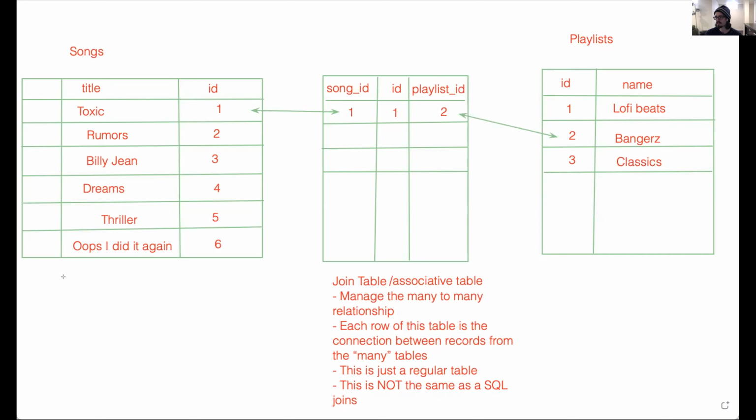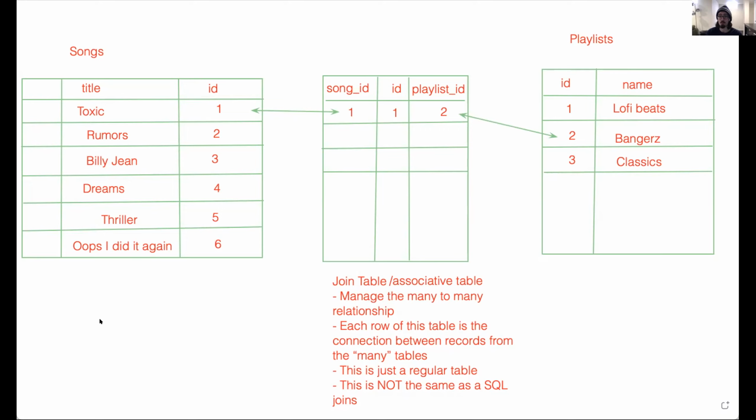And so now we can see that Toxic is related to the bangers playlist through, that's a key word, through this third table that we have right here. So following this logic, if you really love Toxic, you could put it like 4 times into this playlist.